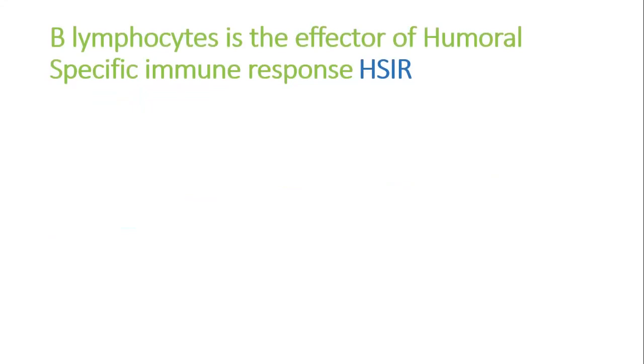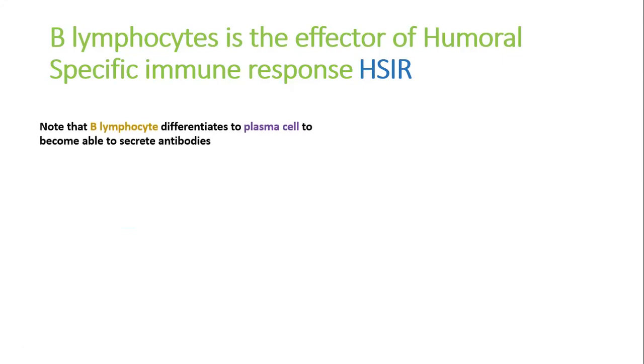B lymphocytes are the effectors of humoral specific immune response. Humoral specific immune response, this is the abbreviation. Note that B lymphocyte differentiates to plasma cell. We will see it in the next video, the differentiation of cells. B lymphocyte differentiates to plasma cell to become able to secrete antibodies.